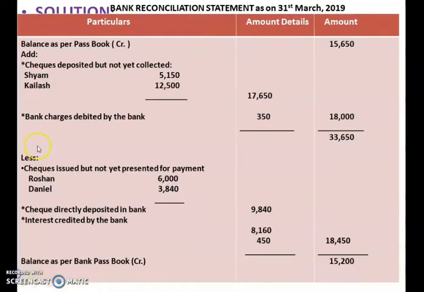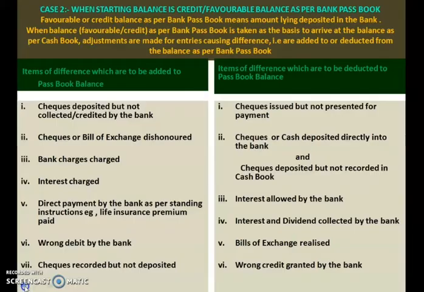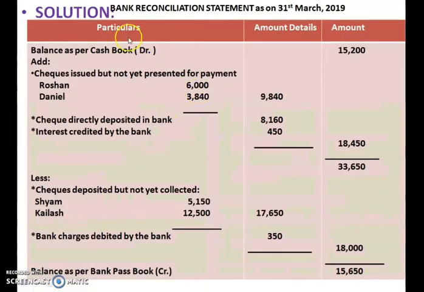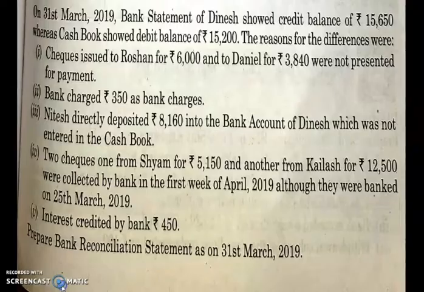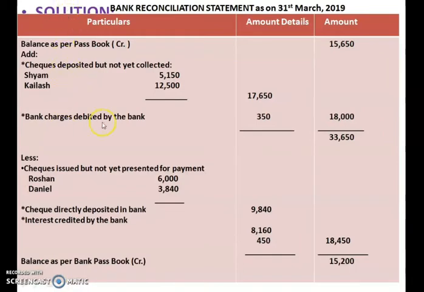Okay. So children, the bank balance as per passbook, credit balance, I wrote as 15,650. Then items to be added. See, the same procedure, but whatever we subtracted in the cash book, that item will be added over here, and whatever you added in your cash book, that you have to subtract.